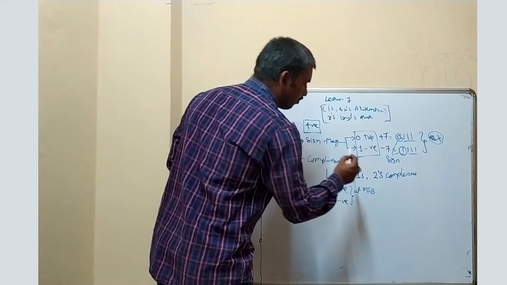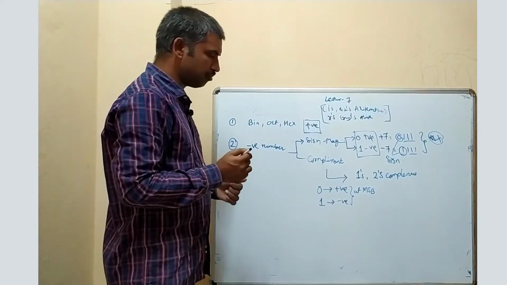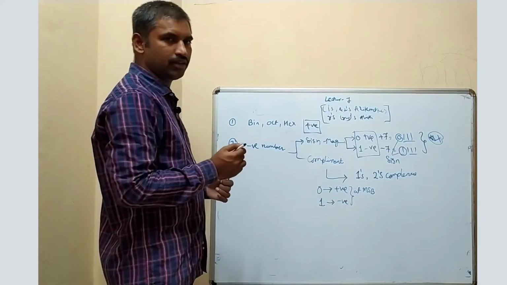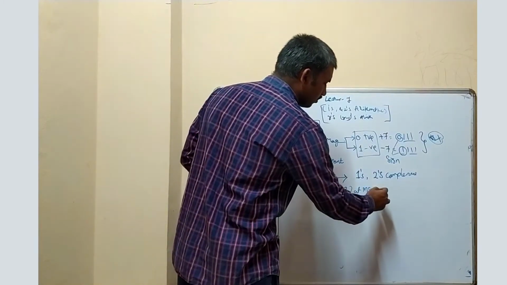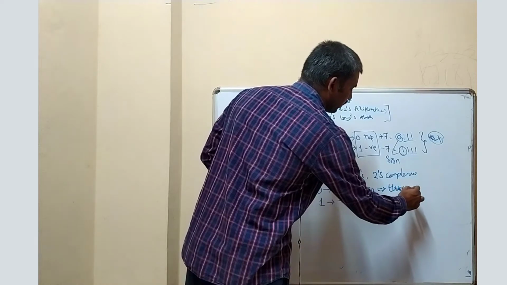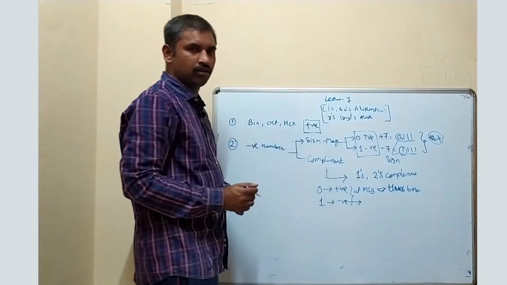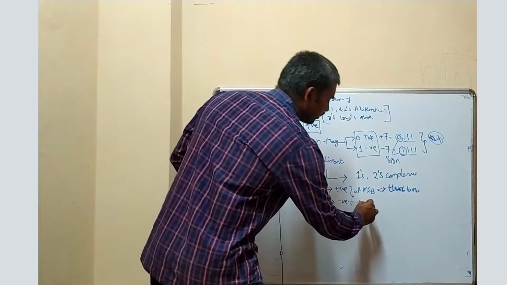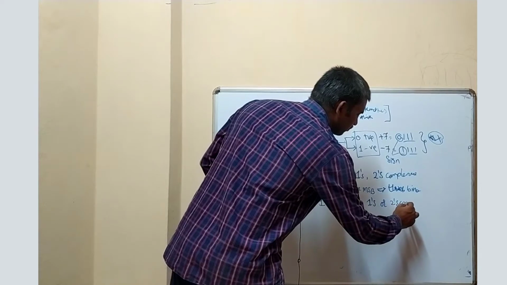So in the complement system, if the MSB is 0, the given number is a positive number. If the MSB is 1, the given number is a negative number. When it is a positive number, it will be in true binary form, whereas a negative number will be in either 1's complement form or 2's complement form.